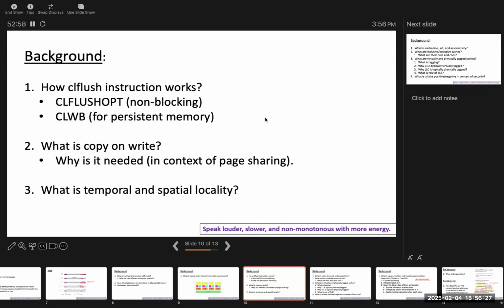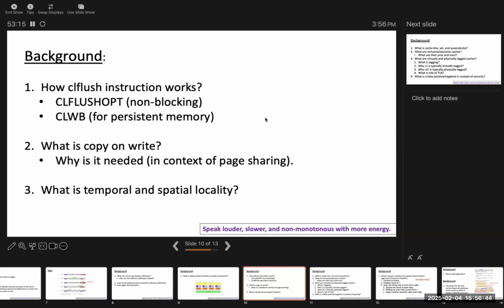Let me draw the same figure again, but in a simplified form. Process A, process B, and a page frame in memory which is shared between both of them, right? Let's say some shared frame.